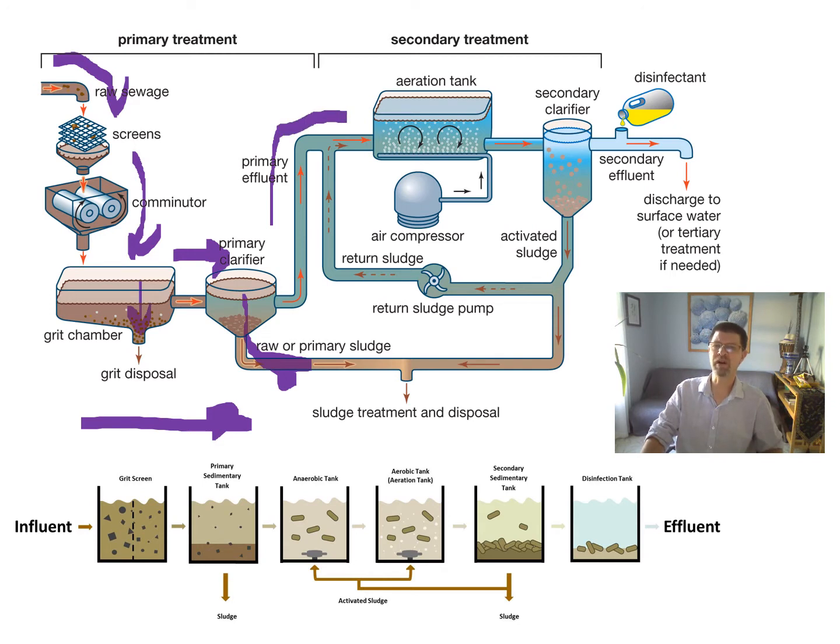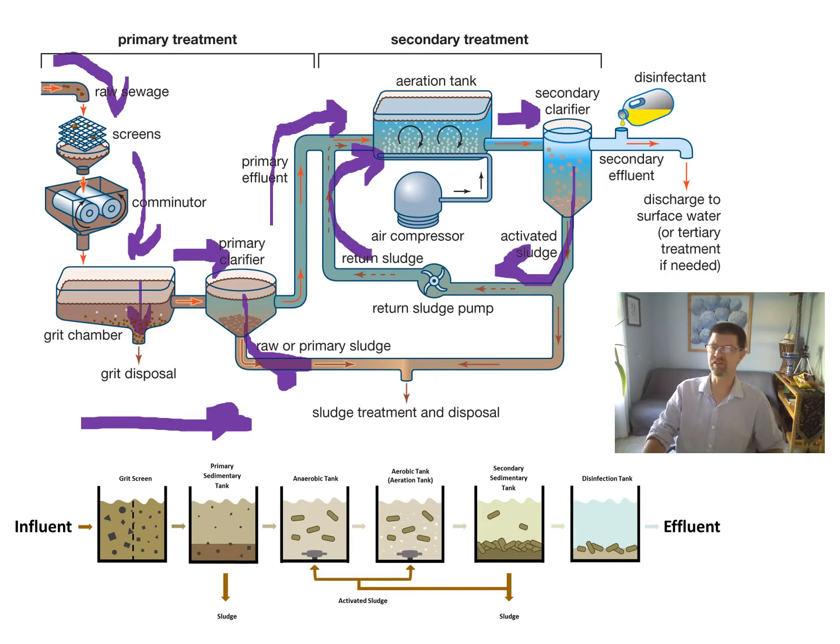And then we put it into a tank that bubbles air through it and gets some bacteria working on it in there. And we're getting into something called secondary treatment. And then we're going to treat that with some chemicals, let it sit in another tank. This is a clarifying tank. Pull the nastiness off the bottom again and send it back through one more time.